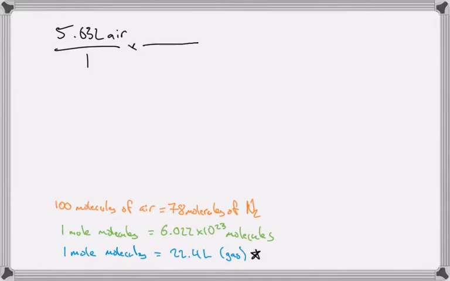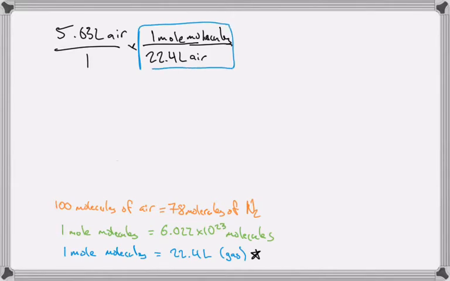So we know that if we have 22.4 liters of our gas, which we're going to say is air, that is the same as 1 mole of molecules. So this is our blue conversion factor here. We took this and wrote it out as a conversion factor.